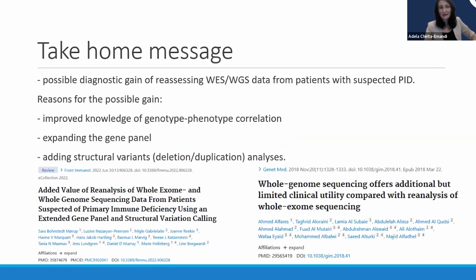The reason for this gain is that you could have improved knowledge of genotype-phenotype correlation, you could have an expanded gene panel, and added structural variant, deletion and duplication analysis, which might not have been done at the time of first analysis. There are several publications showing the benefits of reanalyzing data from exome and genome.